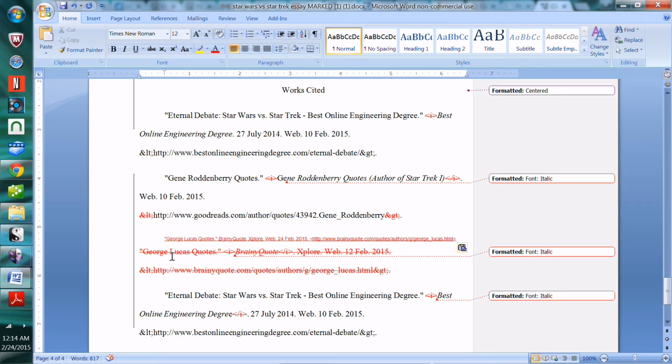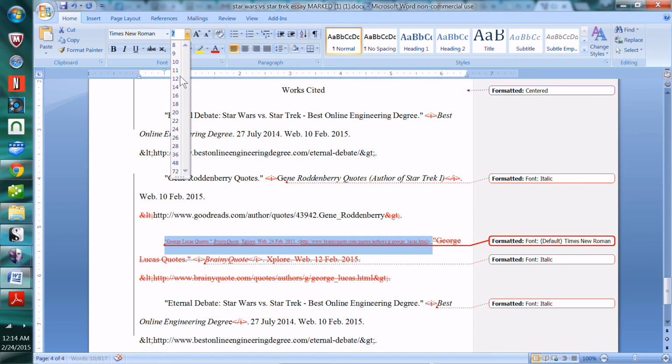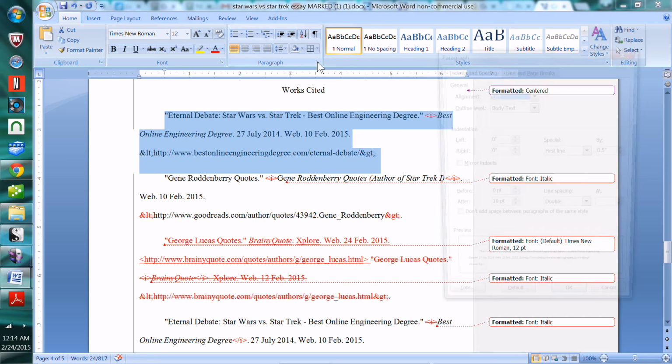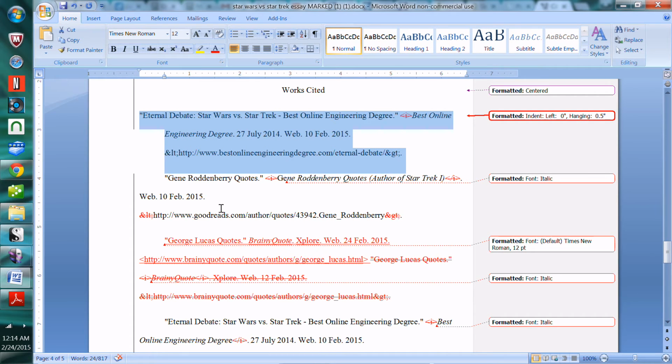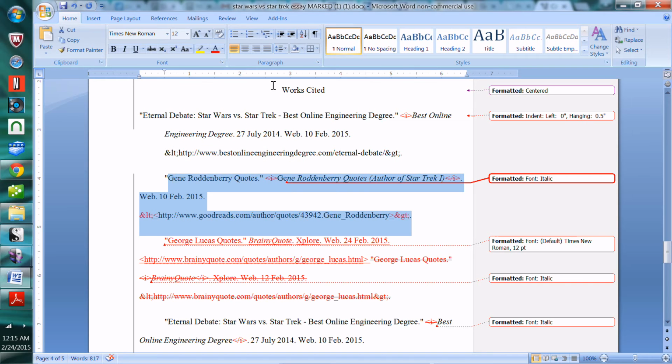Okay. And of course it's not in Times New Roman, so let's go ahead and get that corrected. And then you don't have these in hanging indent, so you get hanging indent right here in the paragraph, and it's our special, and we want it hanging. And let's click OK and see if it does it. There you've got a hanging indent. And we know that this is supposed to be those greater than and less than signs now. And let's give this a hanging indent.